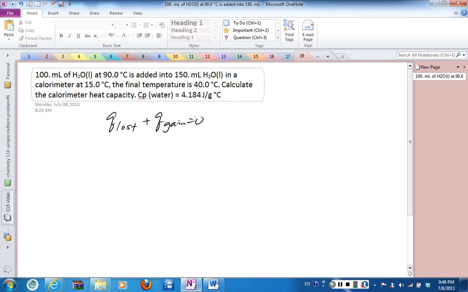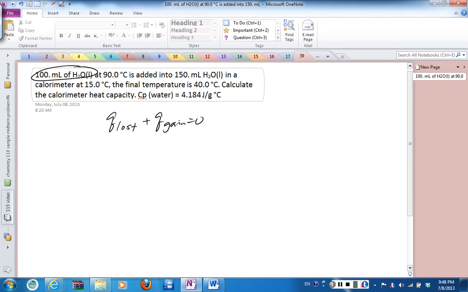And our first priority, of course, is to look at the system, identify how many objects are in there, and then for each of them, whether they're losing or gaining heat. So let's see. The first object is our 100 milliliter of water.